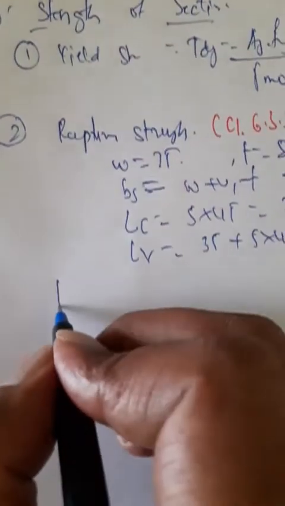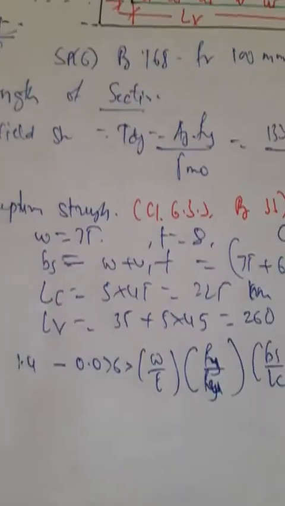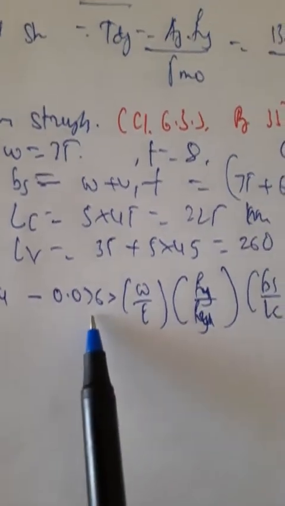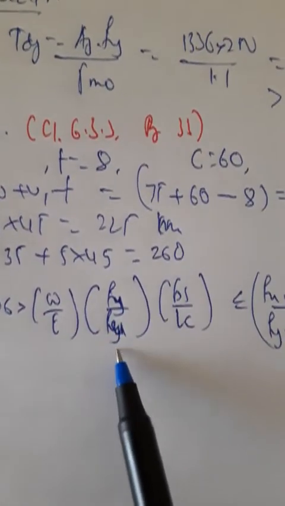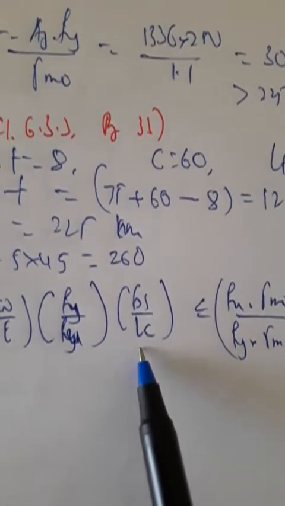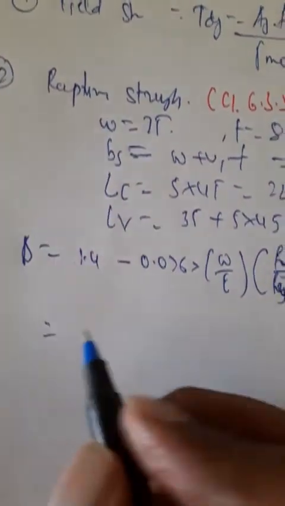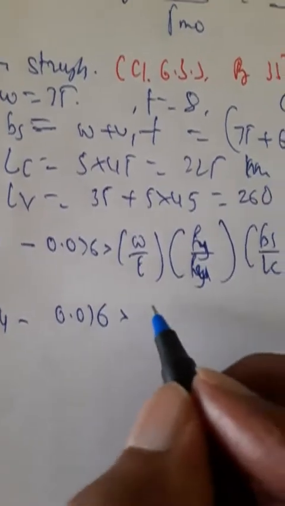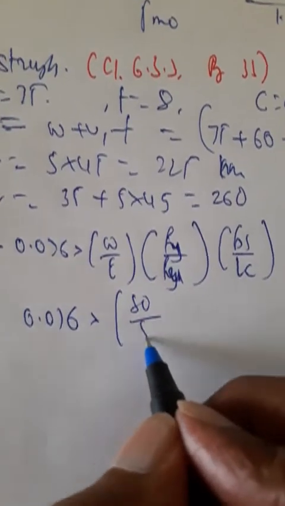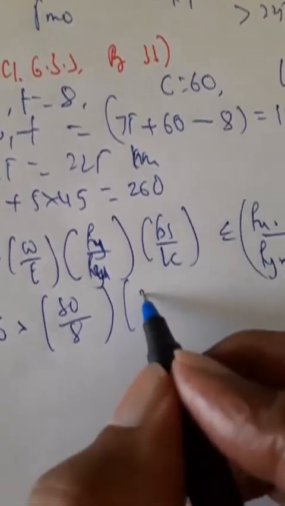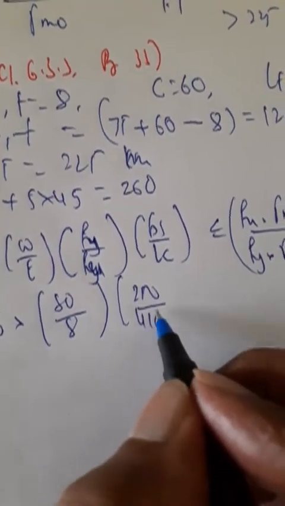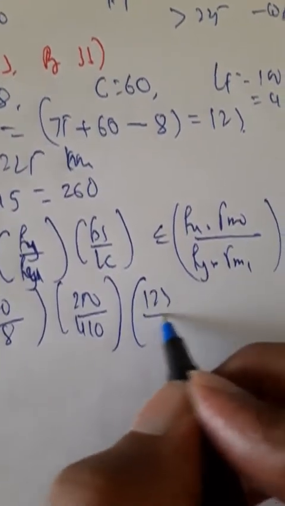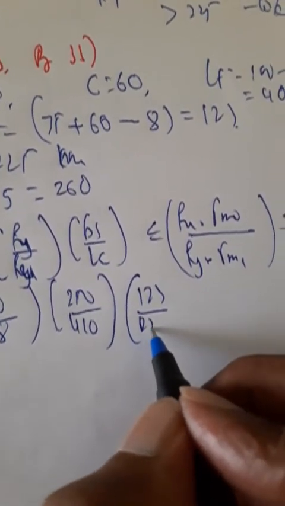Now beta is equal to, from the code book I have the equation: beta is 1.4 minus 0.076 w by t, Fy by Fu, bs by Lc, which should be less than or equal to Fu gamma m naught by Fy gamma m1. So substitute the values: 1.4 minus 0.076 into w, w is 80 by thickness t is 8, Fy 250, Fu 410 into bs, bs is 127, Lc 225.